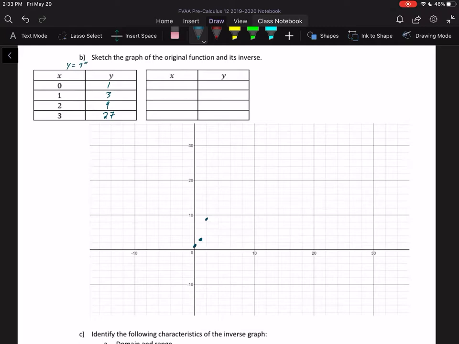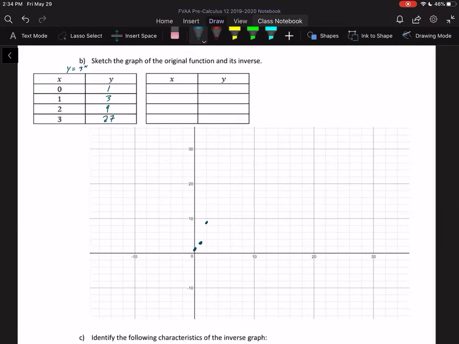Yeah, no, that's (1, 3). And then (3, 27), so it jumps up by quite a bit. And you essentially get this graph that goes up along the line, and we'll graph it in our graphing calculators as well to help clean this up.